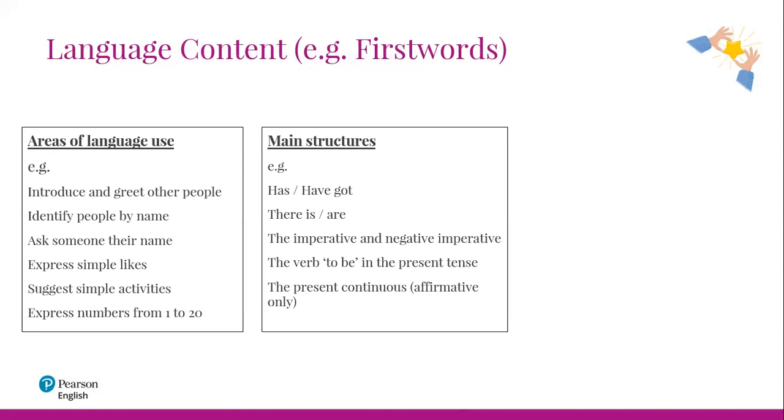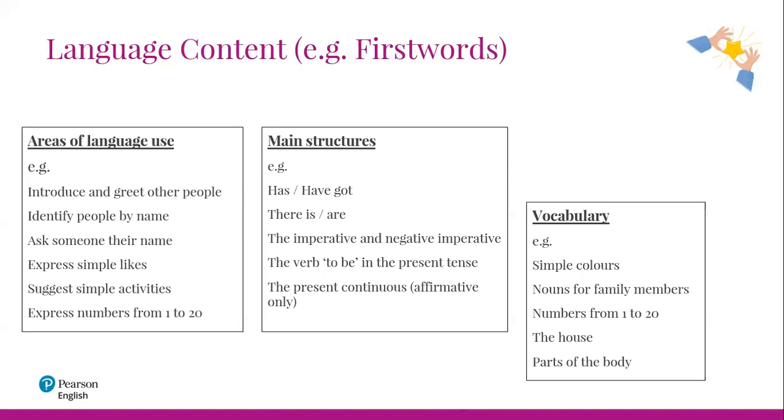Another part of this document is the list of main structures that are expected and that students or test takers are exposed to in the examination at this particular level. So for example, for first words, that will be has, have got, there is, there are, imperative, and so on, so forth. Another part of this document, language content, is vocabulary.